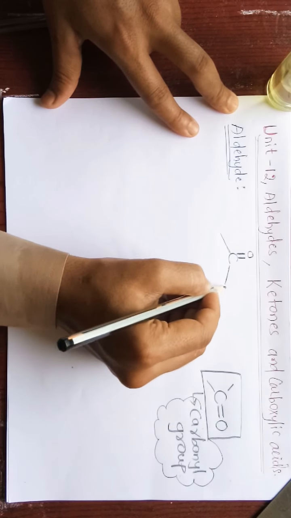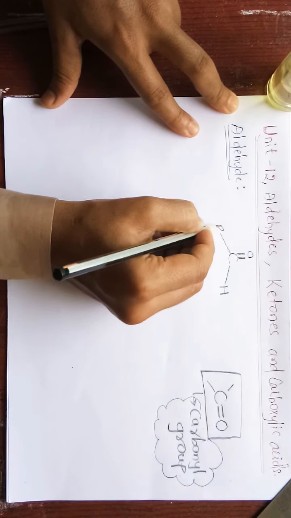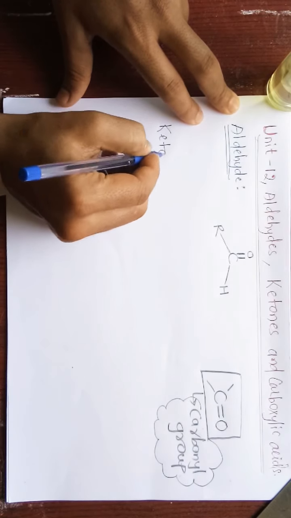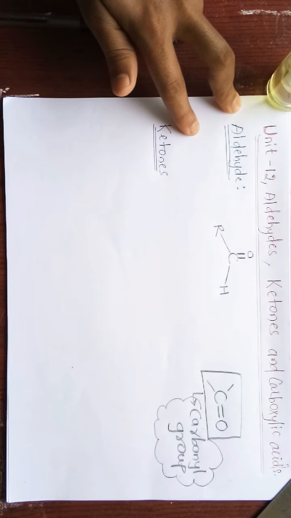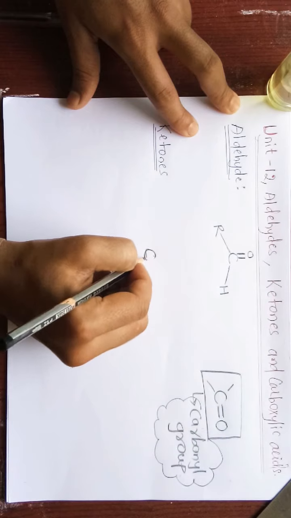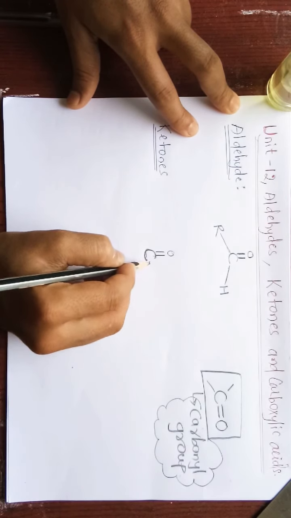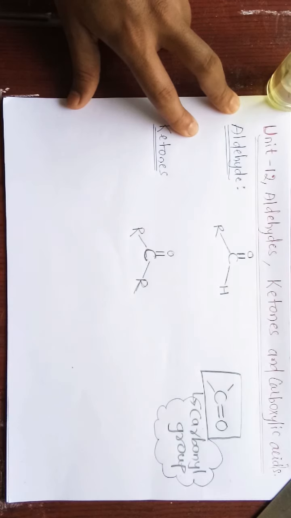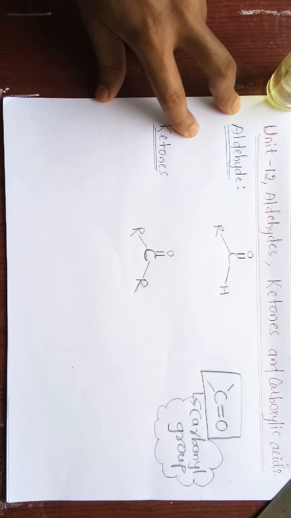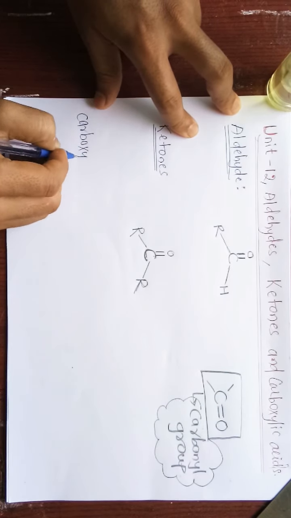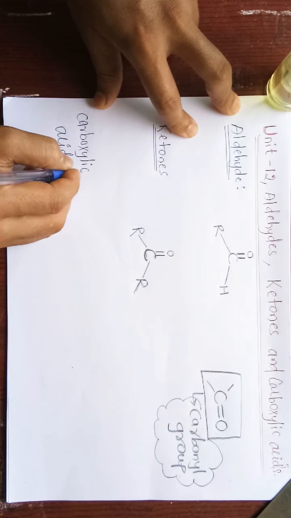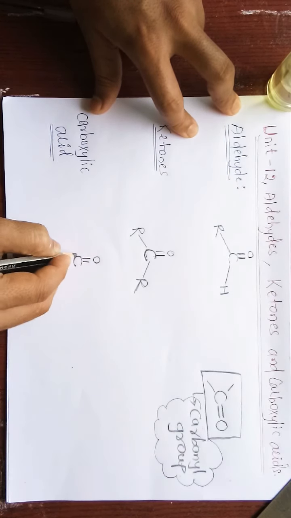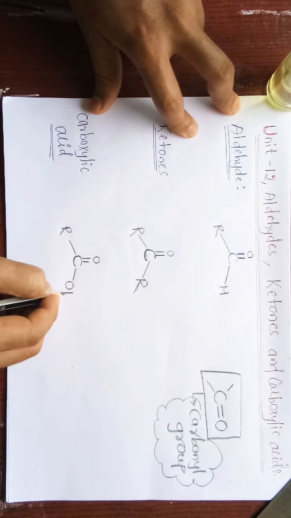Now here I will write H, here I will write R. Then for ketones, we again use the carbonyl group, and here I will write R on both sides, R, R. Then for carboxylic acid, again we need the same format, double bond O, R, but here we will write OH.